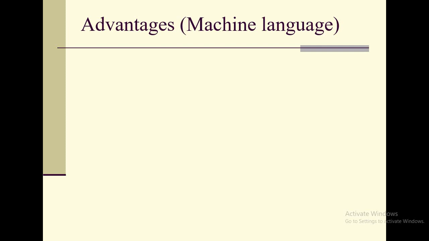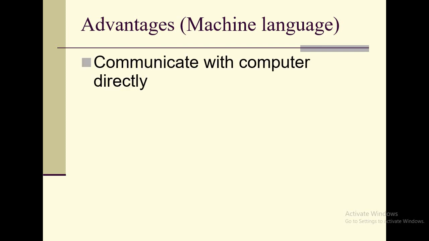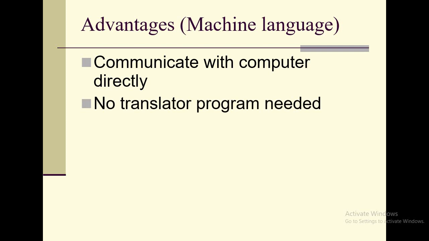There are some advantages of communicating with the computer directly with 0 and 1, that is first generation. There is no need for a translator program because you are giving input in binary values 0 and 1, and the computer is also understanding it directly, so you don't need any translator program, so it works faster.